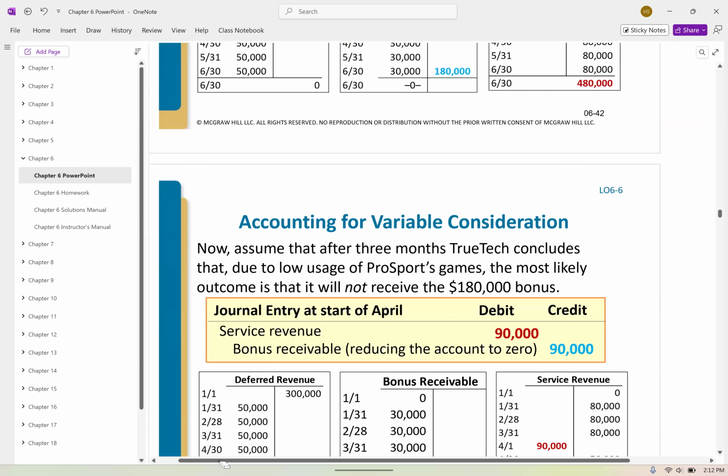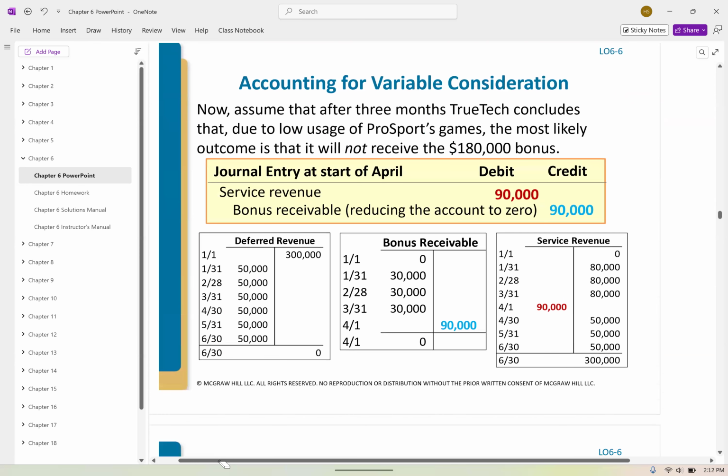All right. And now we're going to assume that after 3 months, TrueTech concludes that due to low usage of pro sports games, they most likely will not get the 180,000 bonus. Well, after 3 months, we've already recorded 30,000 for 3 months, so that's a total of 90.